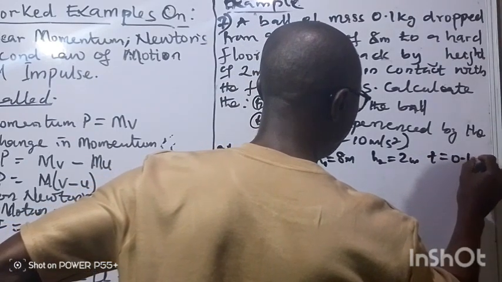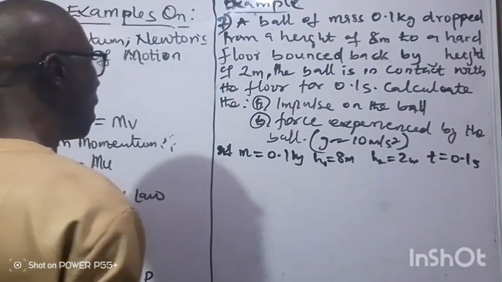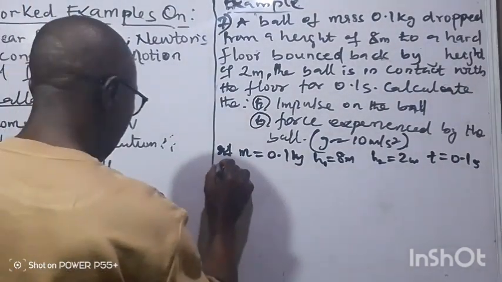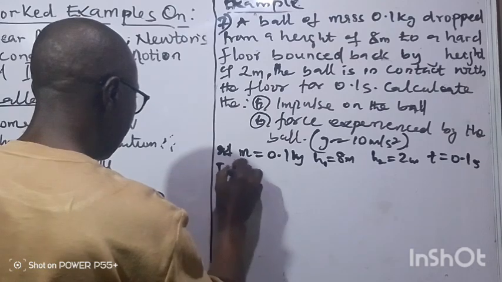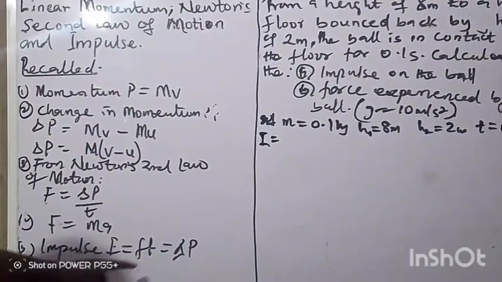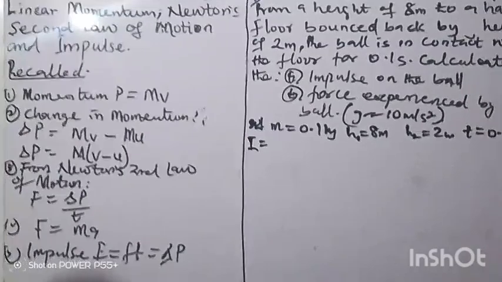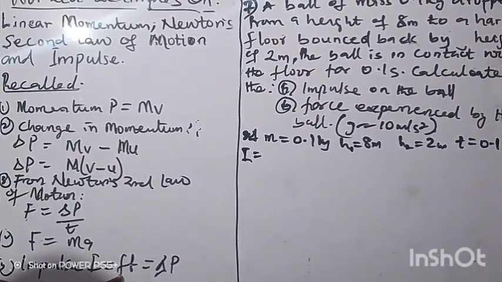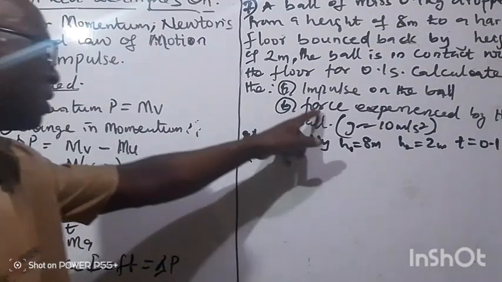Now we have to calculate the impulse. According to the formula, impulse I is equal to Ft. But if we use I equal to Ft here, we don't know the force, because we have to calculate the force in the second question.